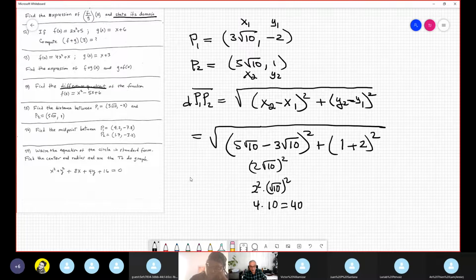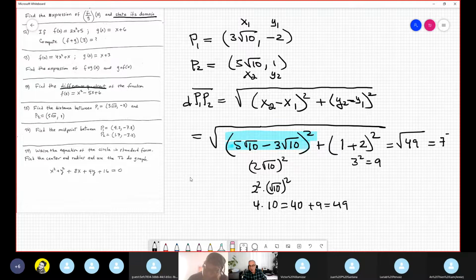The answer for the second part is 3, and 3 squared is 9. And 40 plus 9 is 49. And the square root, the biggest square root you need to compute at the last moment, is 7.